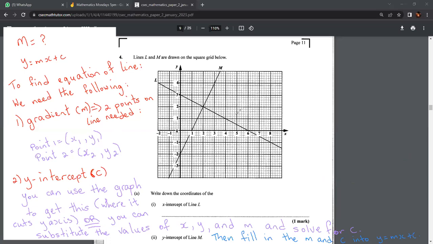I don't like to deal with fractions so much. So if I can find 2 points that are at the junction of the x and the y values, I take those points. I'll show you what I mean in a bit. So you need 2 points, point 1 and point 2. For each of the points, you're going to have their x and y values.